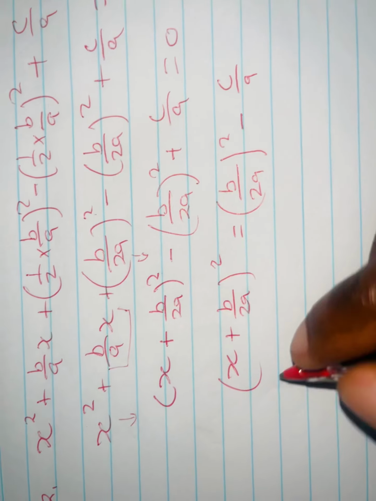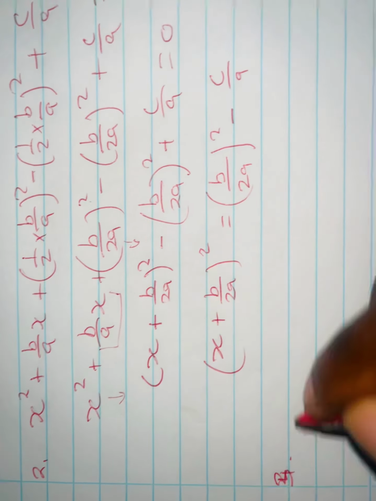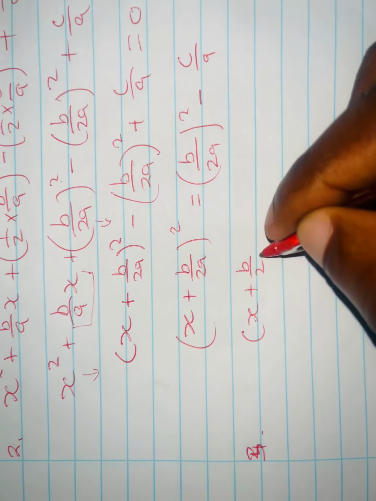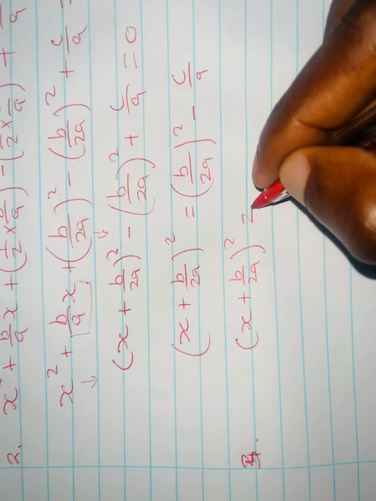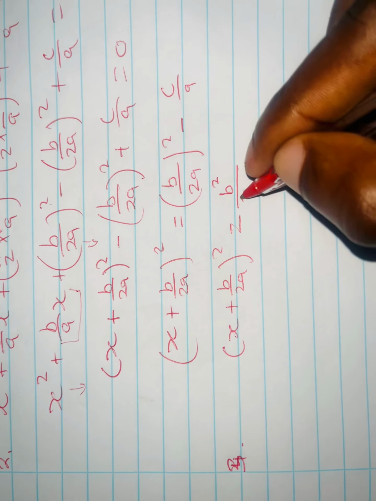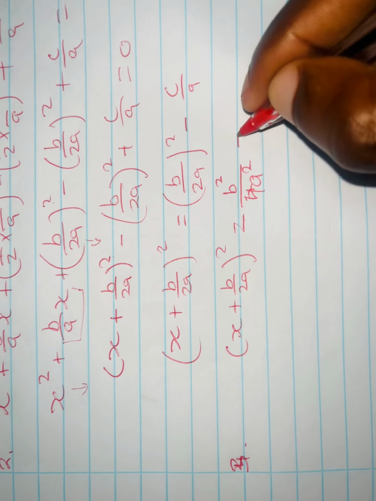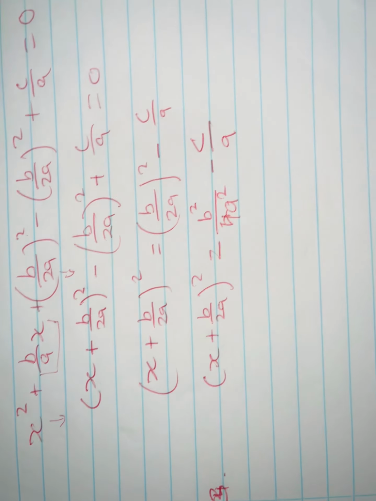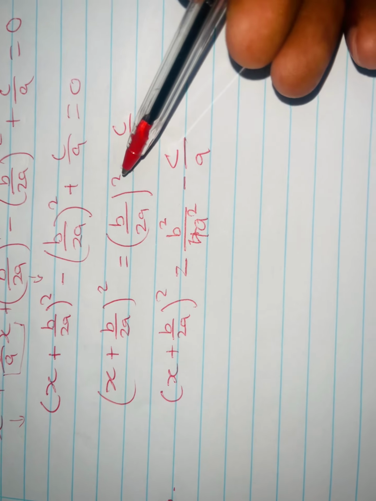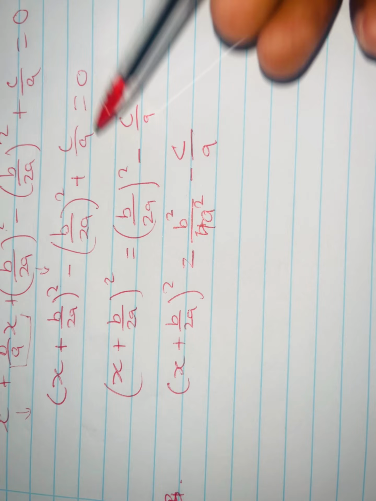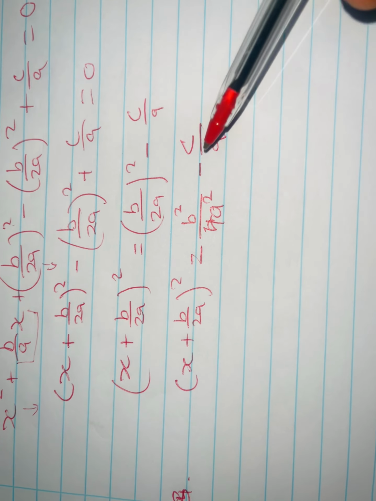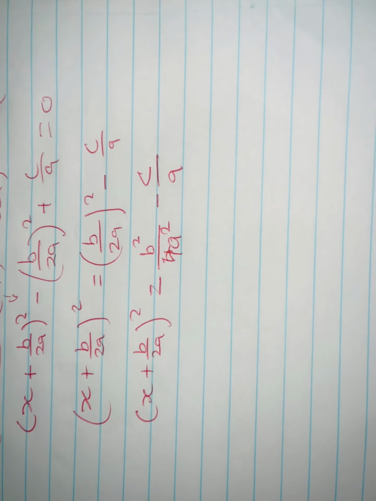Our third step is x plus b over 2a all squared equals, eliminating the bracket, b squared over 4a squared minus c over a. As we know, each base takes its own exponent, giving us b squared over 4a squared minus c over a.